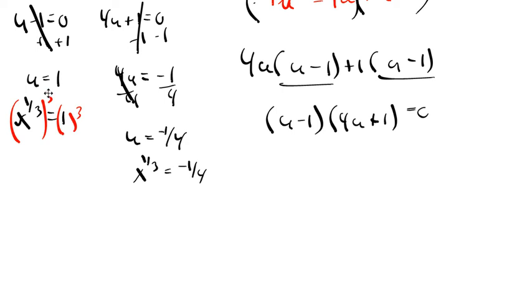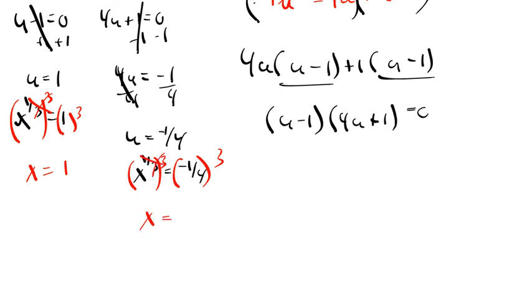Because look, 1/3 times 3 is 3 over 3, and 3 divided by 3 is just 1. So those cross out, and I'm left with just x. And 1 to the power of 3 is just 1. Same thing right here. Raise both sides to the power of 3.